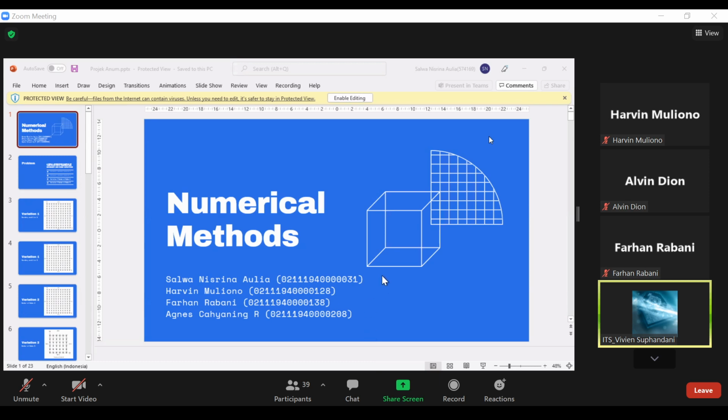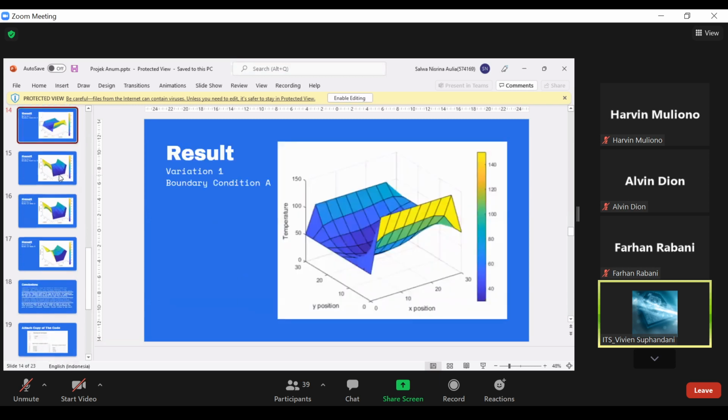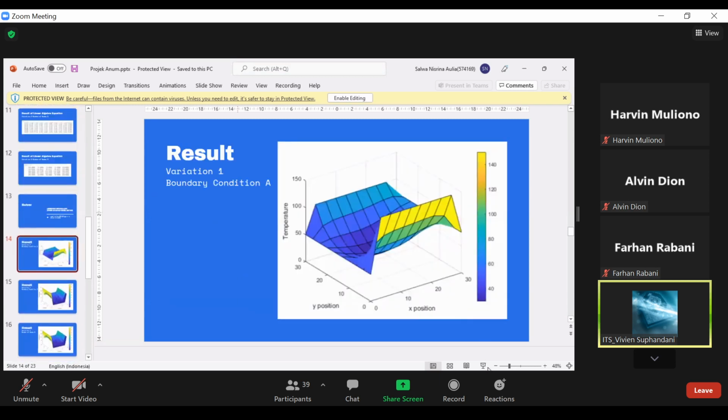Can you show again the result of the temperature distribution? So you have that temperature distribution and it looks similar.